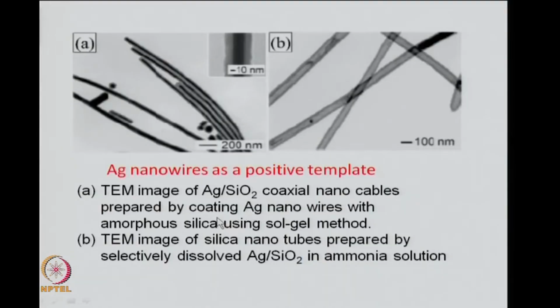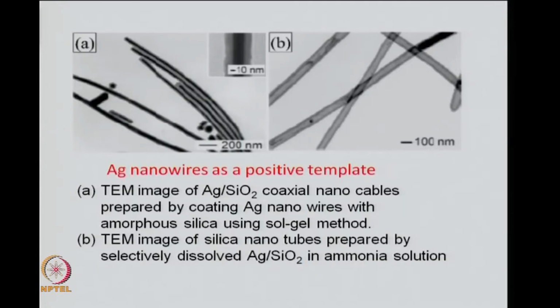It is prepared by taking silver nanowires and adding some silica reagent, like tetraethoxysilane or some kind of silane, which can be hydrolyzed using the sol gel method, and then it will ultimately leave behind SiO2 coated on the silver wires.